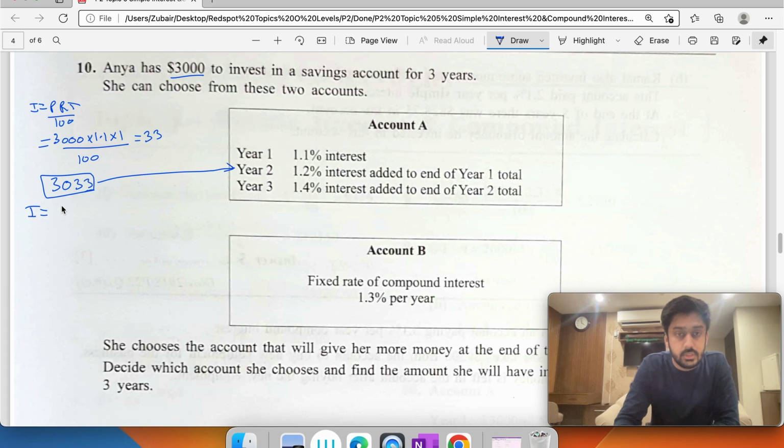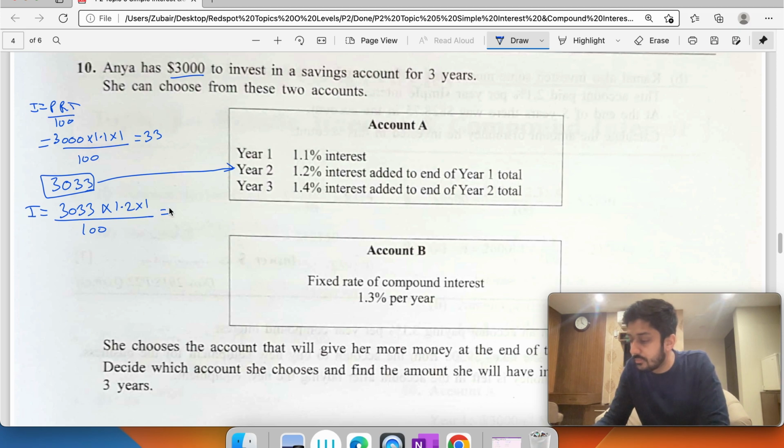So interest equals 3,033 times 1.2 times 1 over 100, and the new interest is 36.396.